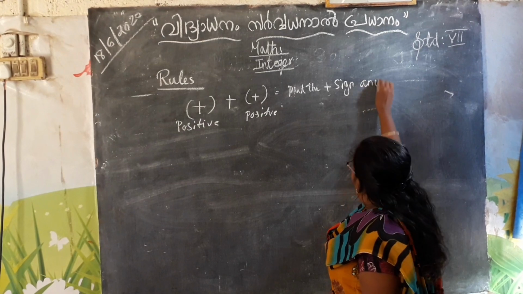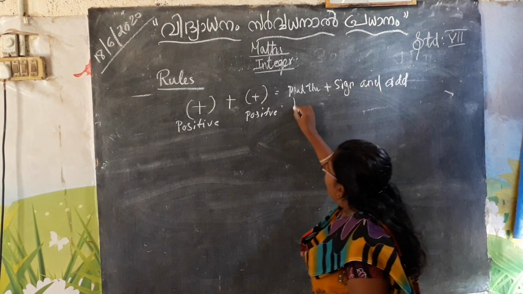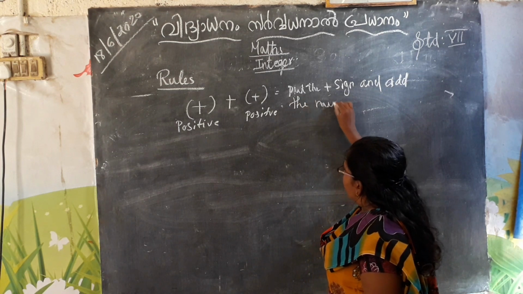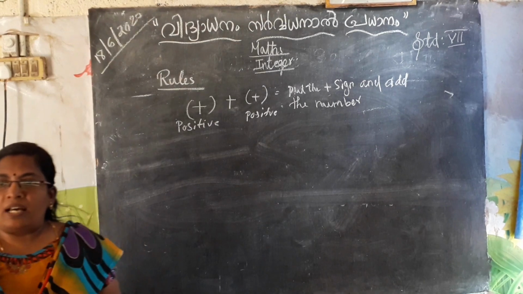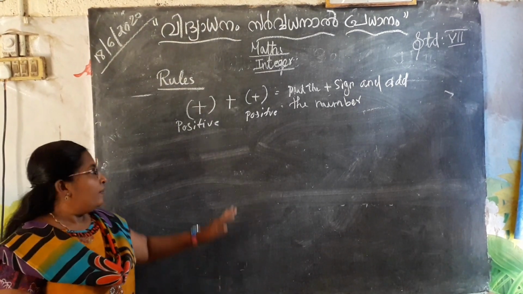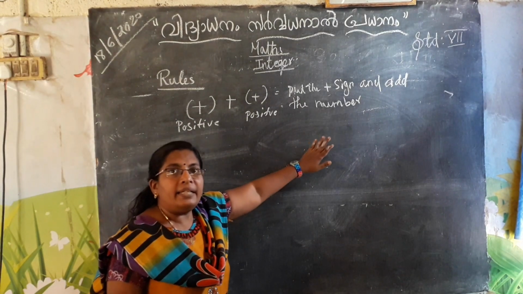When two positive integers are added, we should put the positive sign and add the numbers.